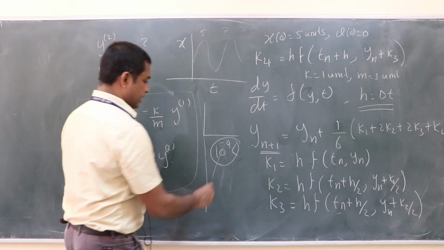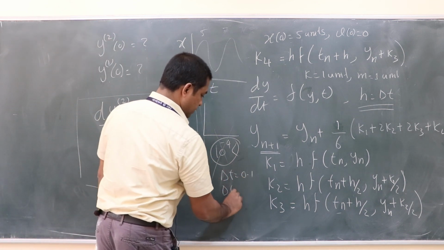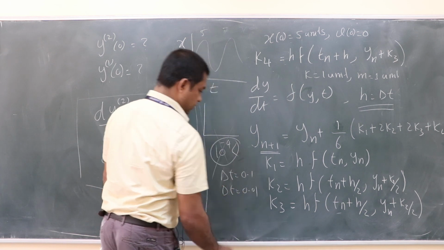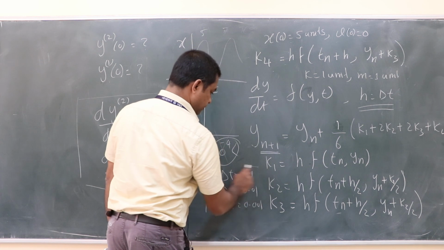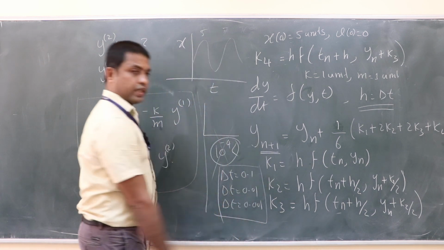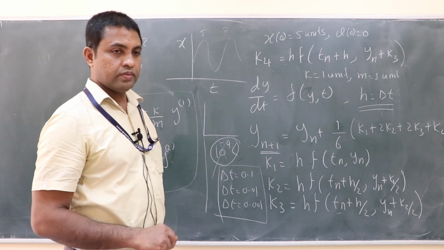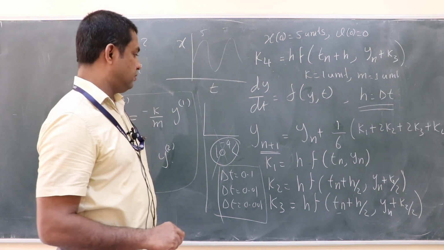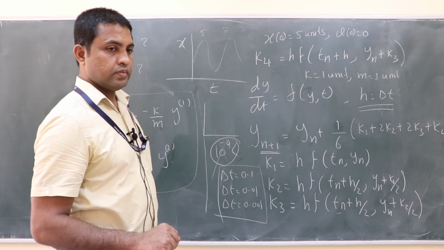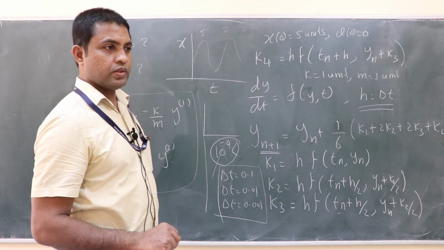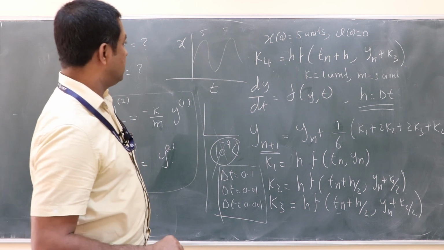Otherwise, I will give you delta t values. Choose delta t of 0.1, and so on, these 3 sets. So how many graphs will you have? 3 into 2, 6 graphs.